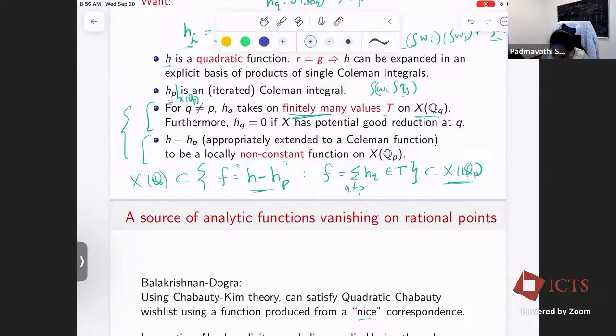So at the end, you don't see any difference in the difference between the global height and the local height at P. I mean, Jan and Nathan can correct me if I say something wrong. Changing the splitting of the Hodge filtration, I don't think it gives you new functions. I haven't really done this on examples myself, so people who have done these computations can correct me if I say something wrong.